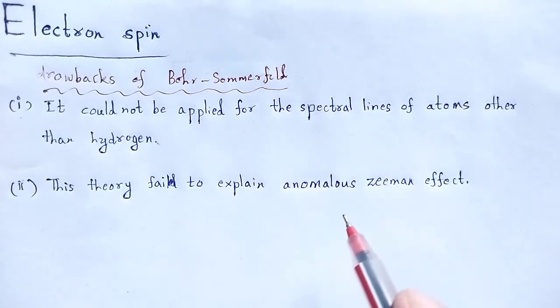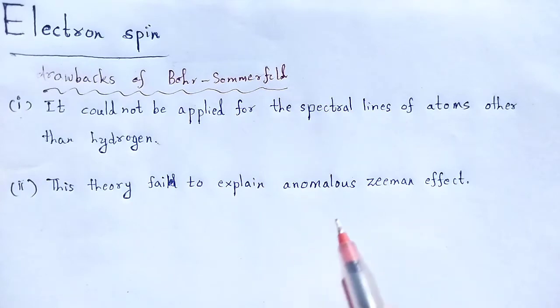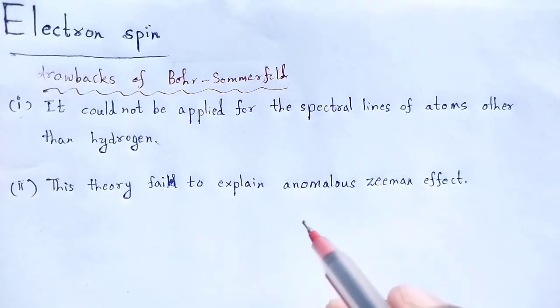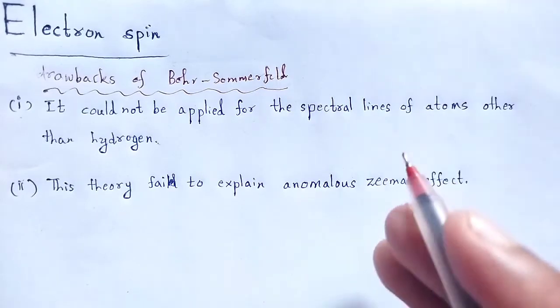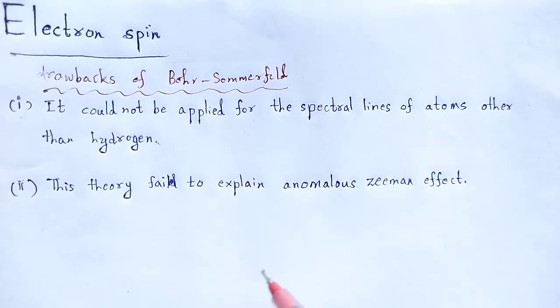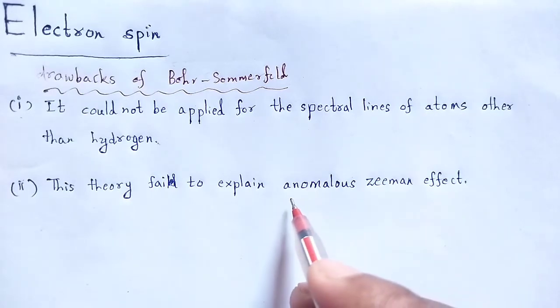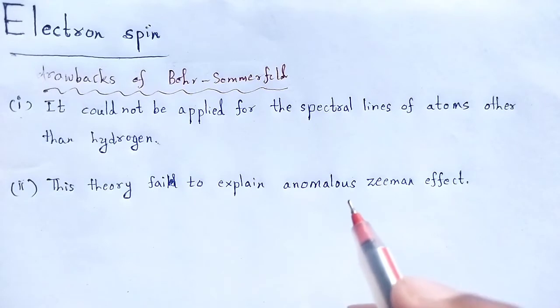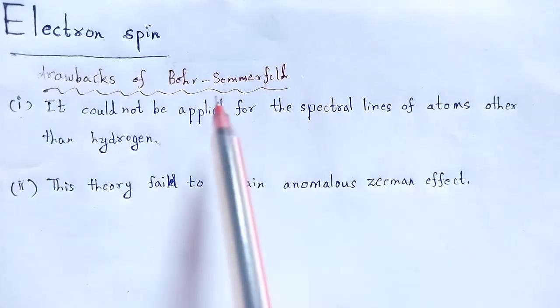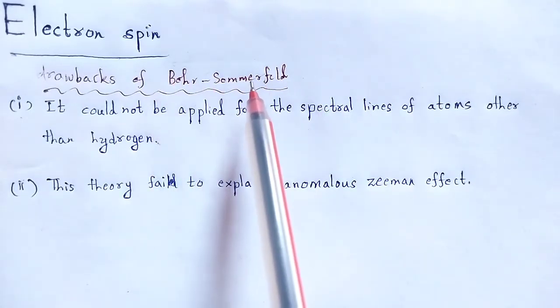Again I repeat, the splitting of atomic spectral lines into 4, 6 or more components when the light source is placed in an external magnetic field. That effect cannot be explained using Bohr-Sommerfeld.